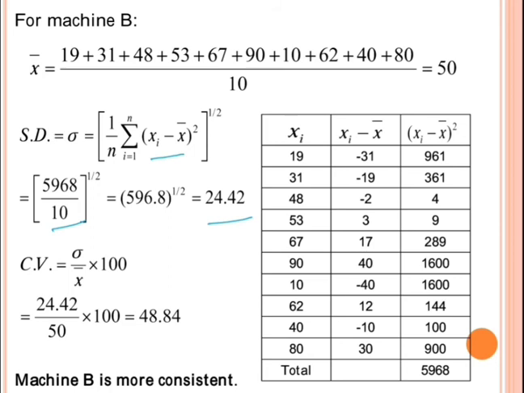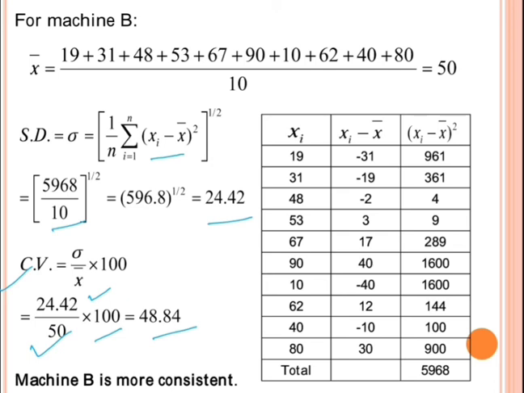Now again for performance, we need to find the coefficient of variation. So coefficient of variation is given by sigma upon x bar into 100. Our sigma is 24.42 divided by 50 into 100. This will be equal to 48.84.